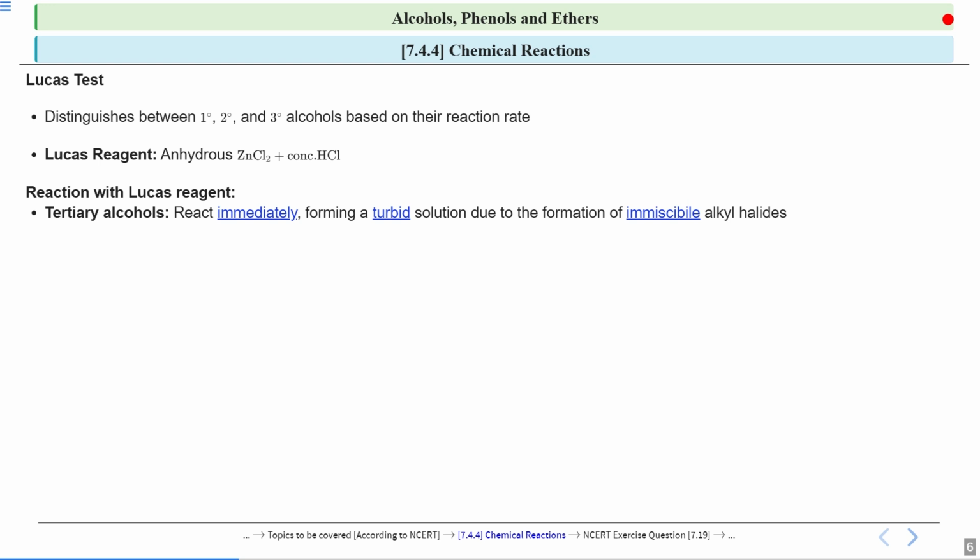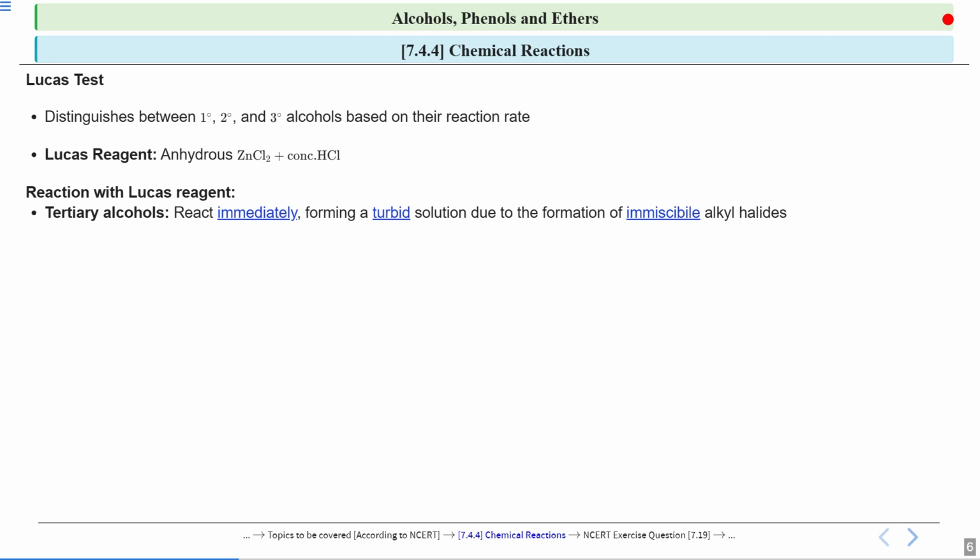So tertiary alcohols, what happens? Alcohols are soluble in water. We studied that alcohols contain the OH group. Because of that hydroxyl group, they form hydrogen bonding. So we know that alcohols are soluble in water, but their halides are immiscible, that is, they are not soluble in water.